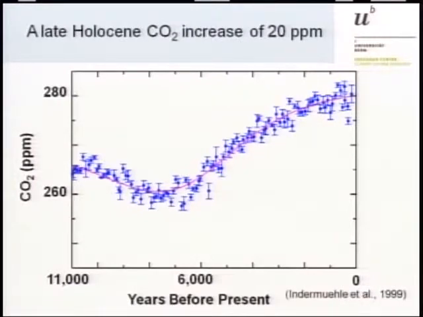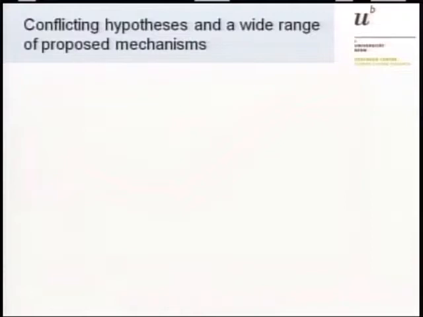And the big question is what caused these fluctuations and what are the responsible mechanisms? There are conflicting hypotheses in the literature, and a wide range of proposed mechanisms is on the table that might be responsible for the changes.